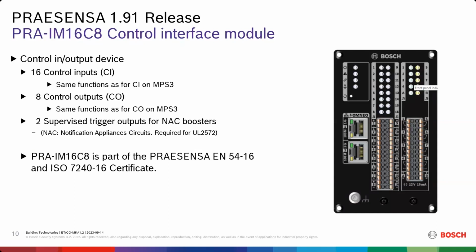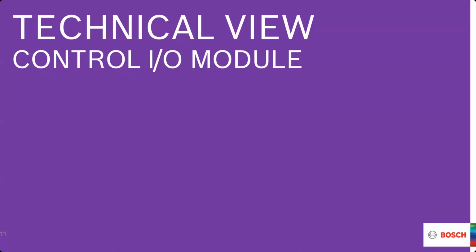And as already mentioned, this device is listed on the PRAESENSA EN54-16 certificate. So that allows you to build a full EN54 certified compliant system, including this I/O expansion. So going to the next slide, I would like to hand over to Anton now to bring you a little bit into the details of these devices.